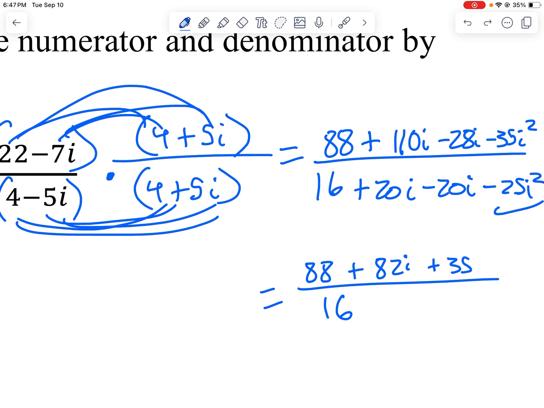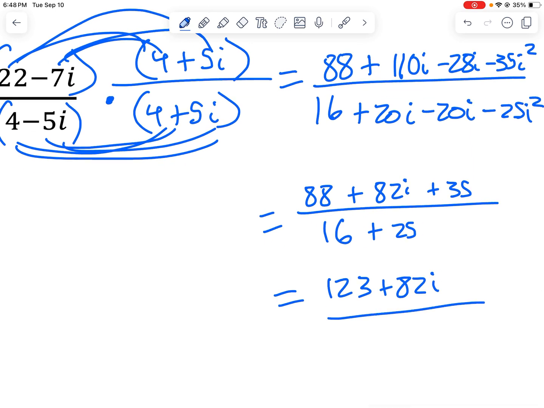And then i squared is again -1, so minus 25 times -1 becomes plus 25. And so on top, we got 88 plus 35, there's 123 plus 82i. And then on bottom, we got 16 plus 25, which is 41.